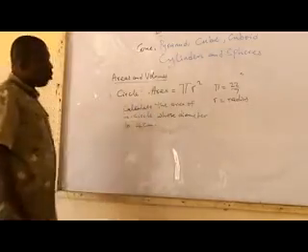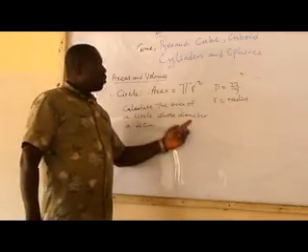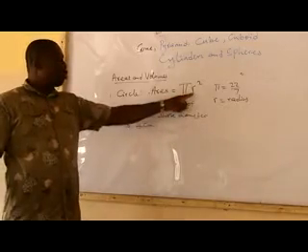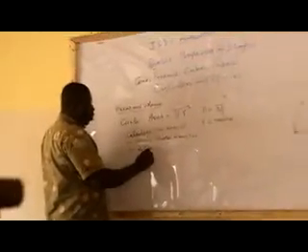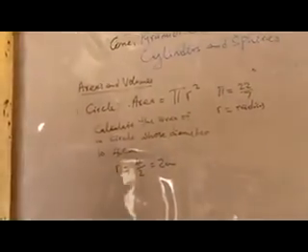If they mention diameter, that means you can get the radius from the diameter. And this radius, r, is equal to 4/2, which is 2 cm. You now put your r inside the formula.